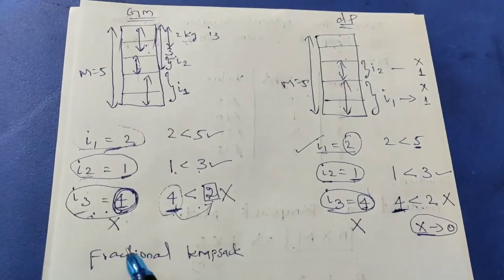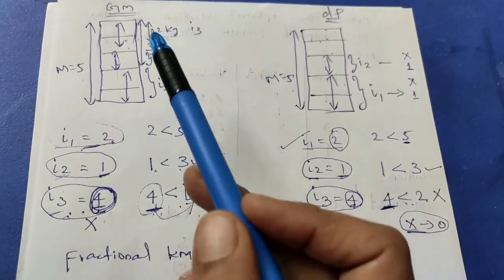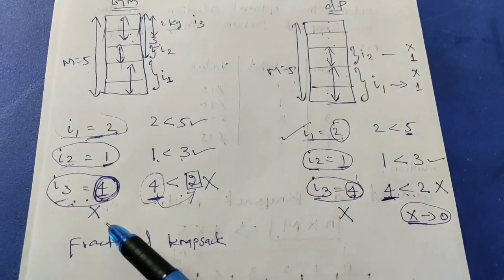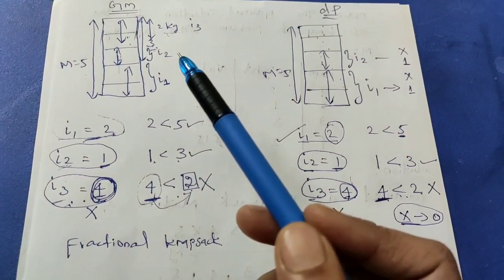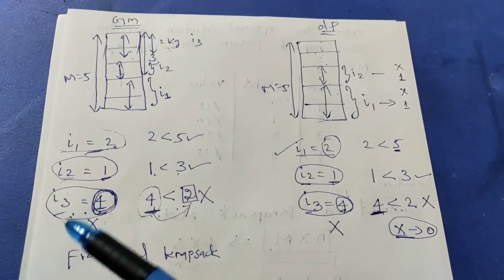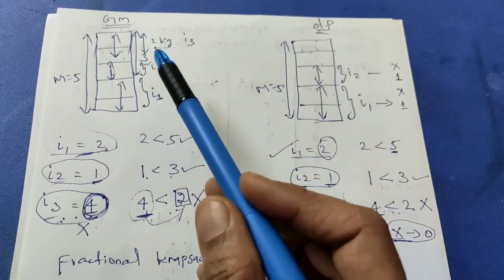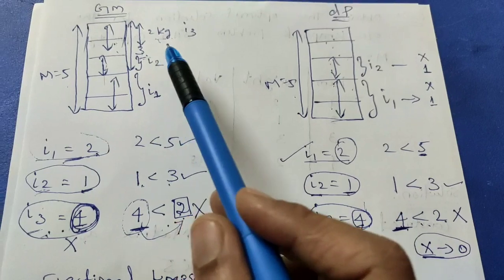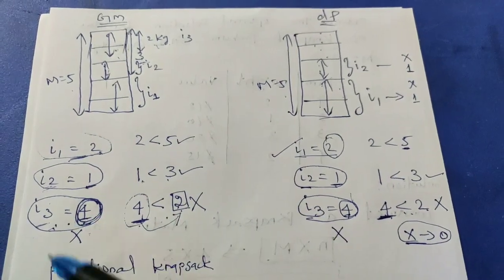See, in the greedy method knapsack, based on the remaining capacity, I will find the fraction of the item, that is, out of the available item's weight, how much I can place into the knapsack based on the remaining capacity. That is the greedy method.